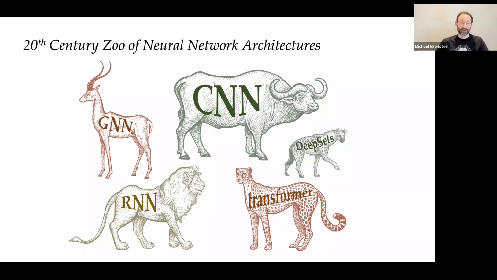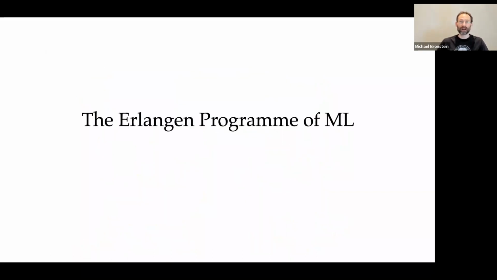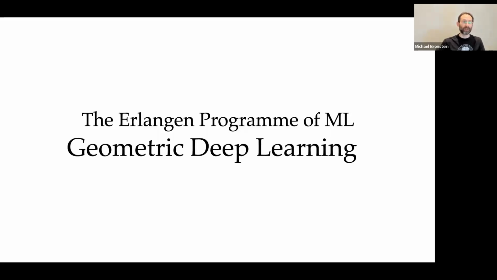So we need some form of unification, some common ground or common foundation, in the spirit of the Erlangen program, with which Klein was successful in reconciling mathematics and giving it an important impetus forward, in particular affecting many fields in physics and category theory and whatnot. And this is what we call geometric deep learning.